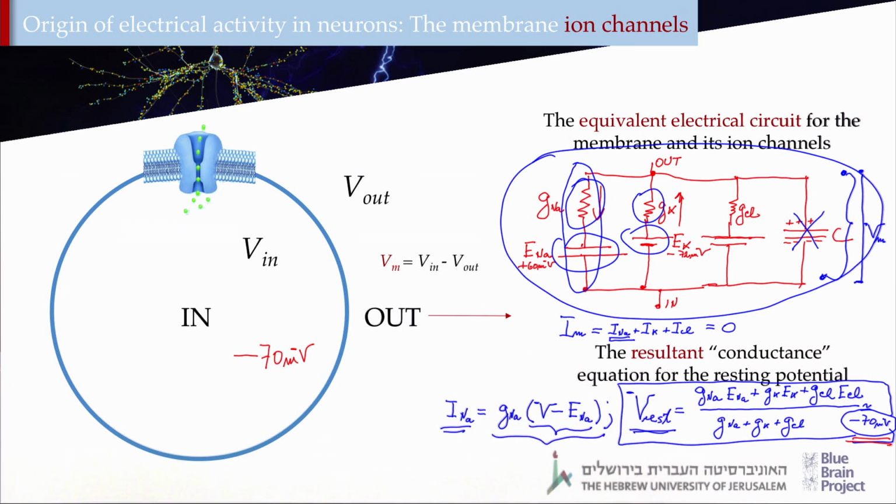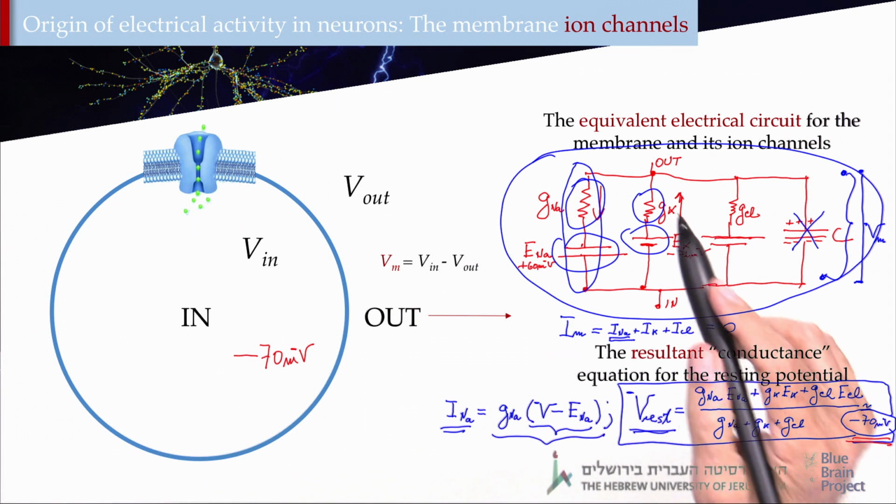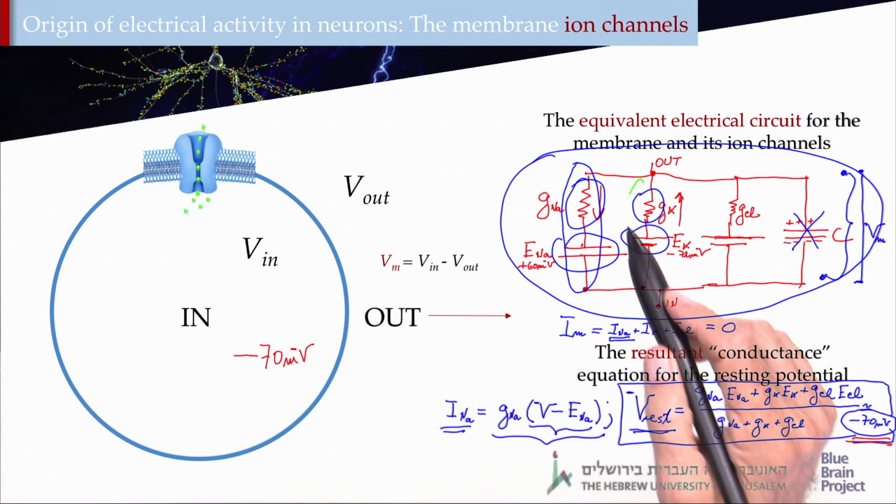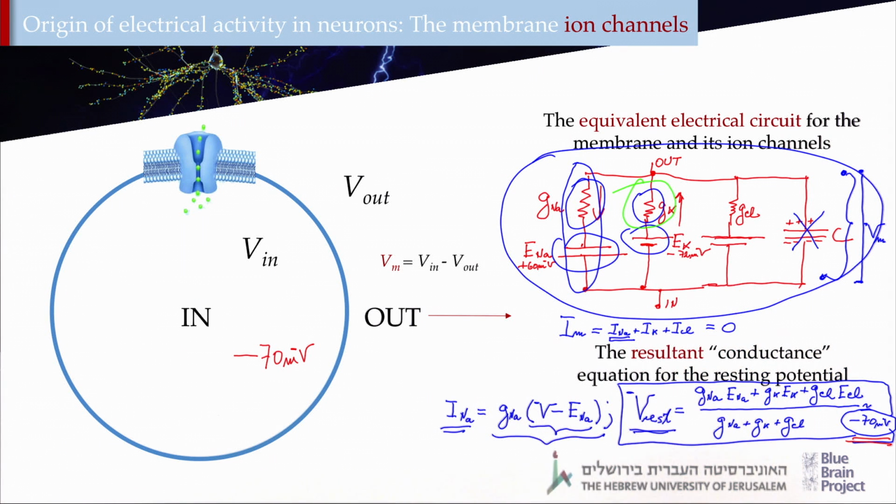And maybe I will end this part by saying the following: the trick of neurons is to be able to change the conductances very fast. If I could change the potassium conductance very fast, I will get a more negative potential inside because of this negativity here.